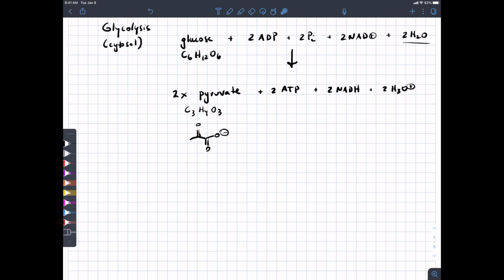Okay, so 1 molecule of glucose, 2 of ATP, and 2 of NADH. If you take the NADH to the electron transport chain, every NADH, I think, gives you 2, maybe 3 molecules of ATP.